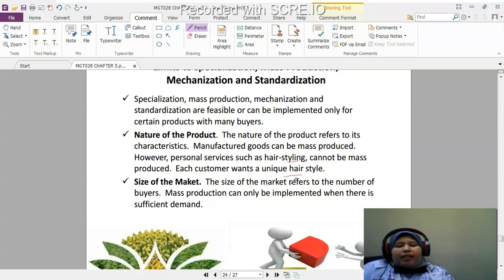Size of the market refers to the number of buyers. Mass production can only be implemented when there is sufficient demand. Kita kena tengok produk yang kita nak hasilkan tu ada ramai orang nak tak. Kalau tak ada ramai orang nak, buat apa? Kita gunakan mesin, nak buat dalam kuantiti yang banyak, betul tak?